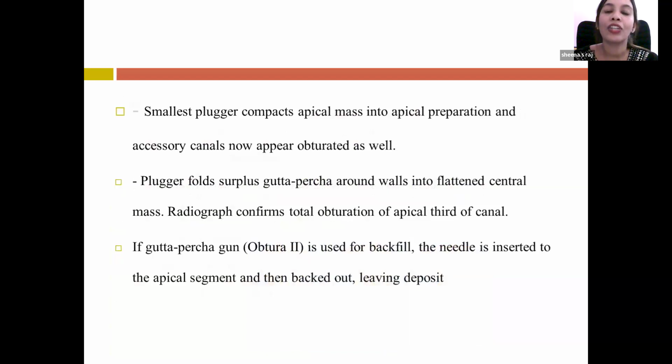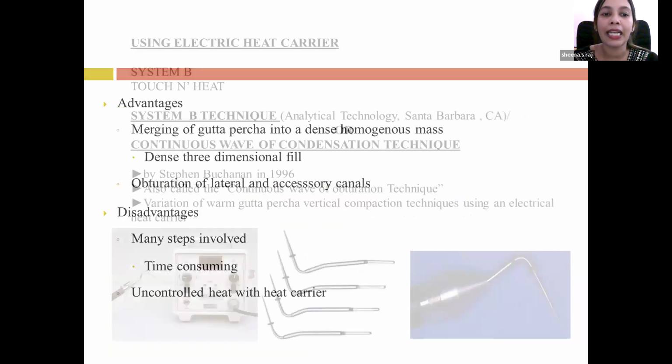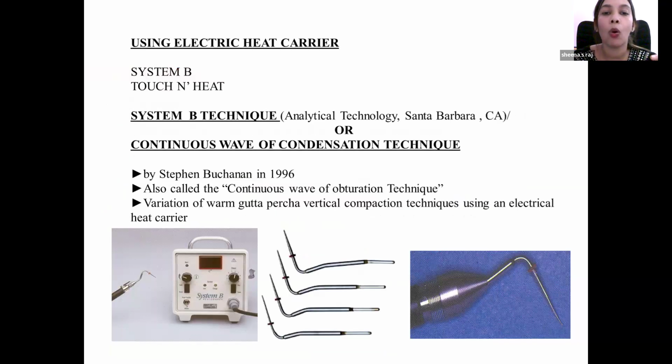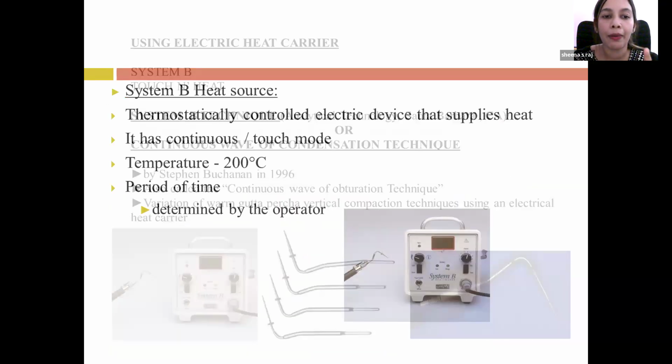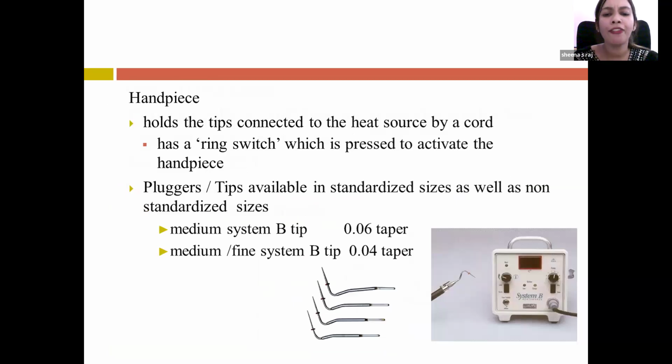Second is the electrical heat carrier method. As you can see in this image, there are various System B techniques where we use the continuous wave obturation technique. We place the gutta percha, and at a particular temperature of 200 degrees, it is heated and placed within the canal.